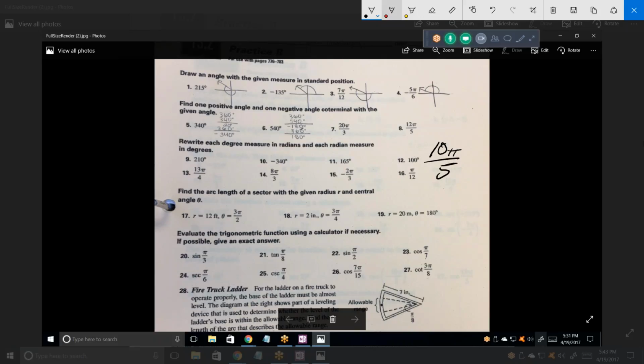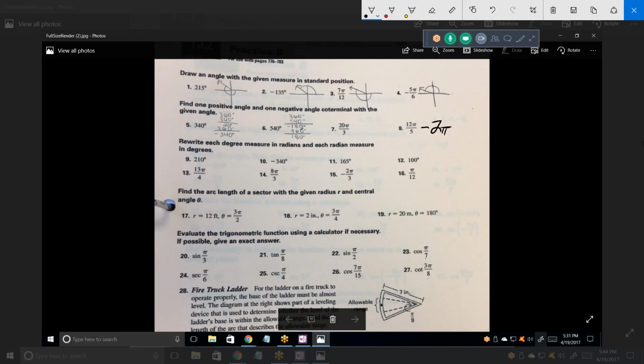That's greater. So, let's start by subtracting 2 pi from that. And that's going to still give us a positive angle, and it's going to be in the unit circle, which is kind of nice.